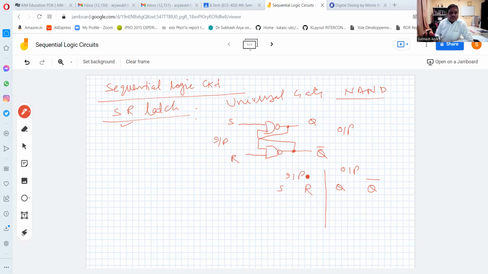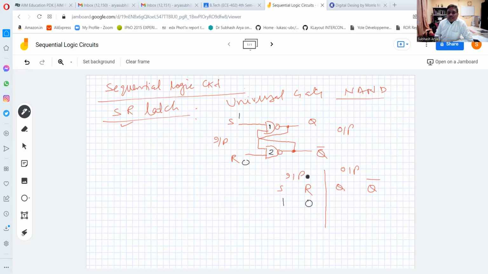So let us take different possible values. Suppose S is 1 and R is 0. This is 1 and this is 0. So what shall be the output? In that gate, we have two inputs. Here also we have two inputs.